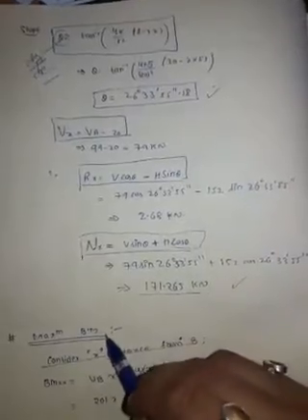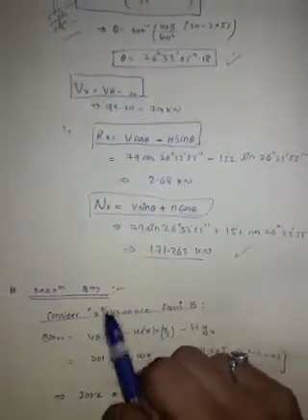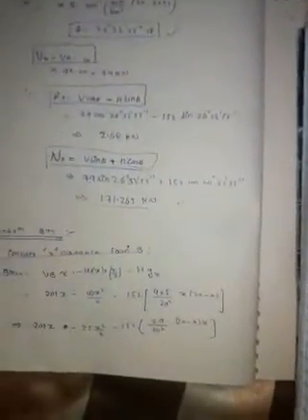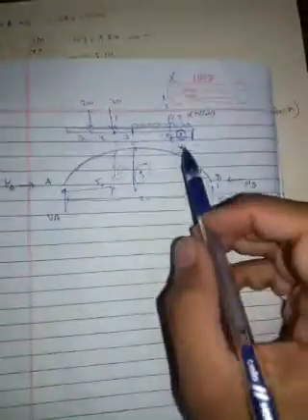For the maximum bending moment, we consider the x distance from the B support. Let this be the x distance. So the bending moment at X we calculate from the right support, because we consider the x distance from the right support.